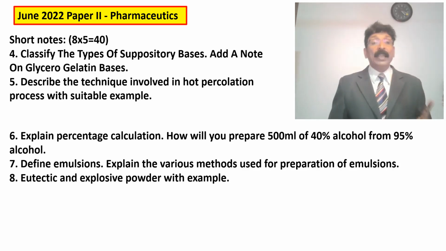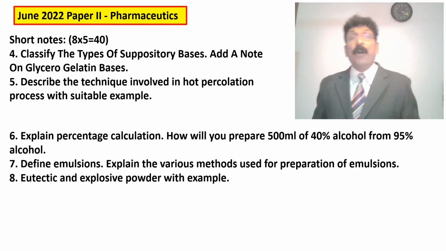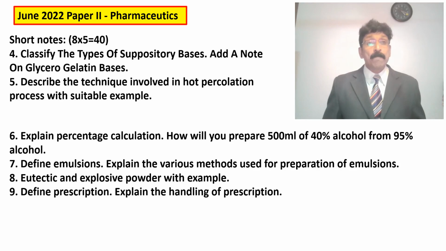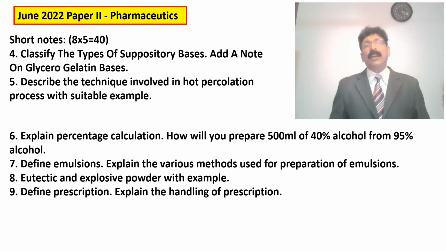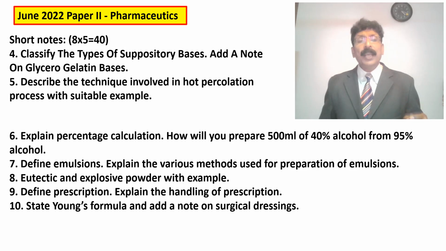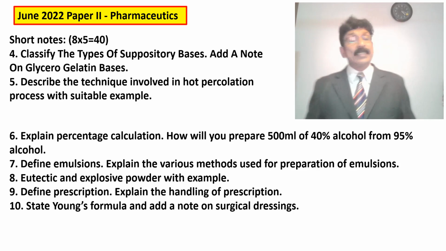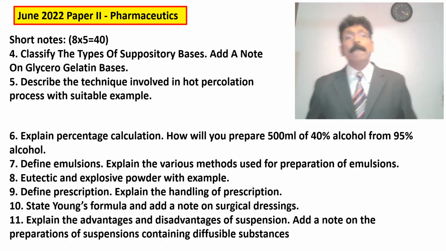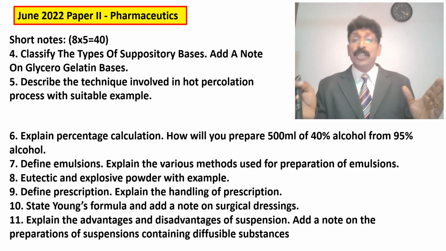Number 8, eutectic and explosive powders with example. 5-mark question. Number 9, define prescription. Explain the handling of prescription. Number 10, state Young's formula and add a note on surgical dressings. Number 11, explain the advantages and disadvantages of suspensions.